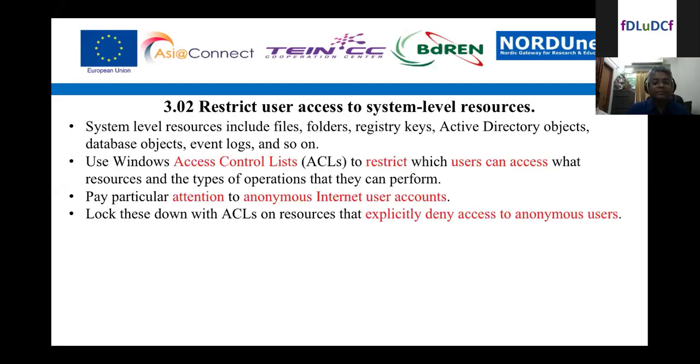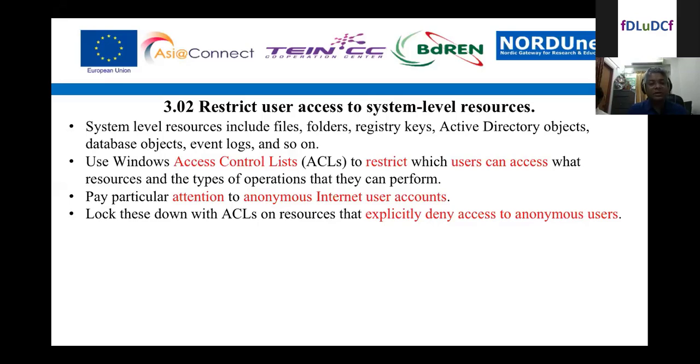And number 2, restrict user access to the system level resources. So you have to restrict users from accessing resources like files, folders, registry keys, Active Directory objects, and databases.